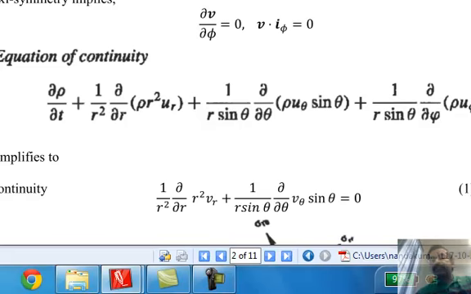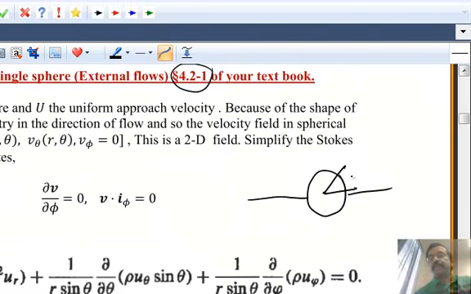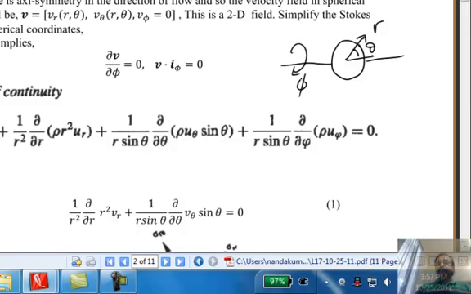Now, the problem is flow past a single sphere. The coordinate system is r, theta, and then phi, spherical coordinate system. Okay. So if you take the r theta and draw this arc, that will be a semicircle, and then rotate the semicircle about the axis 2 pi radians, and you will get the surface of the sphere.